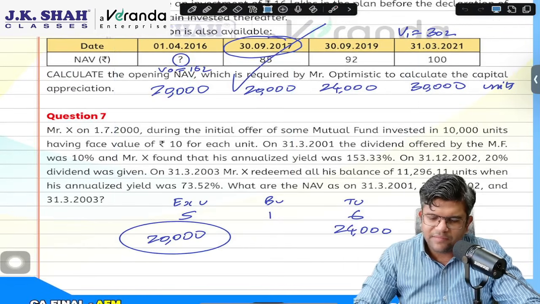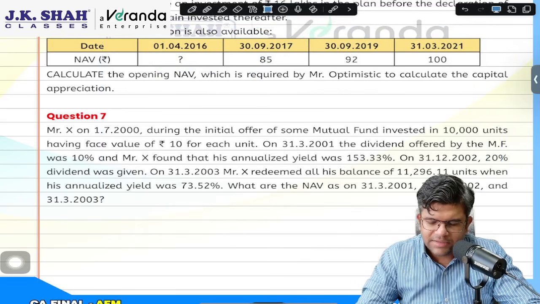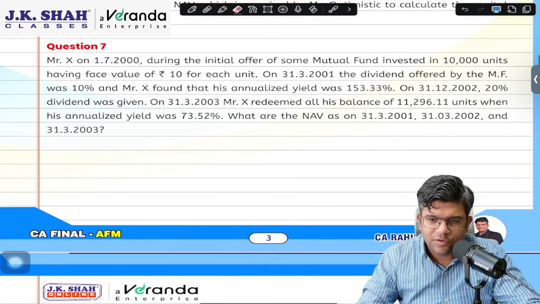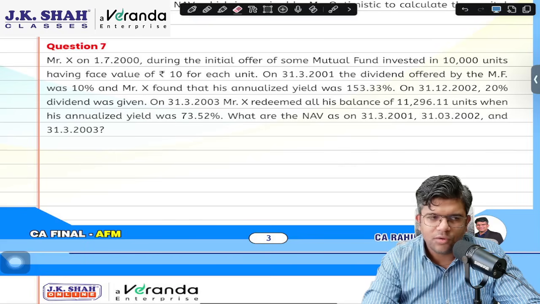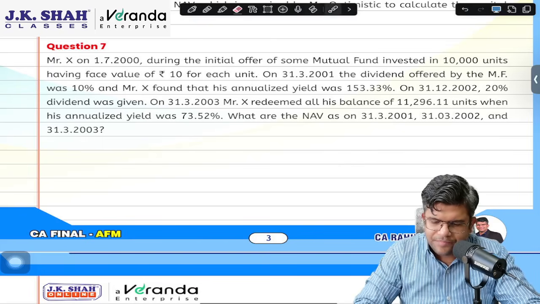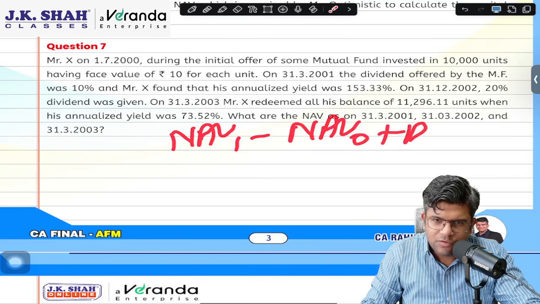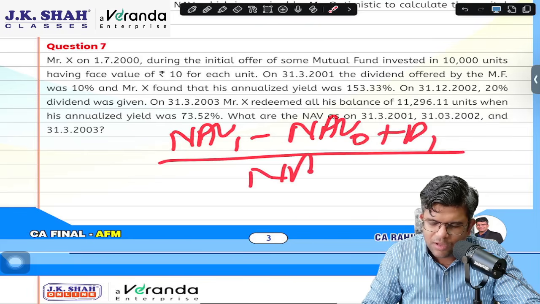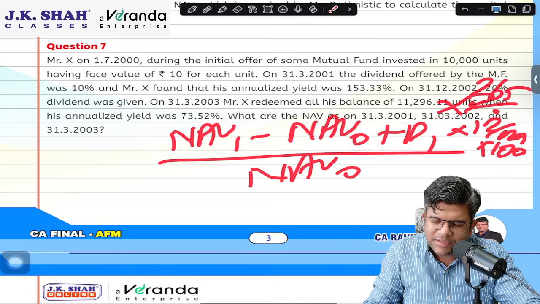By the way, till yesterday, what all did you learn? Can I say we learned that return for a mutual fund investor is (NAV1 minus NAV0 plus D1) upon NAV0 into 100, or into 12 by M into 100, or into 365 by days into 100, or into 1 by Y into 100.